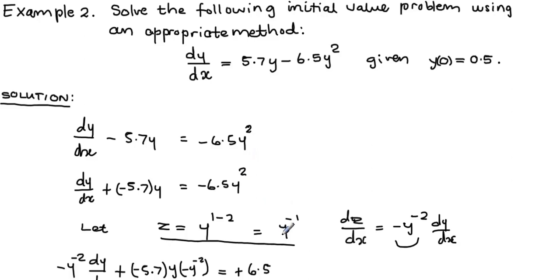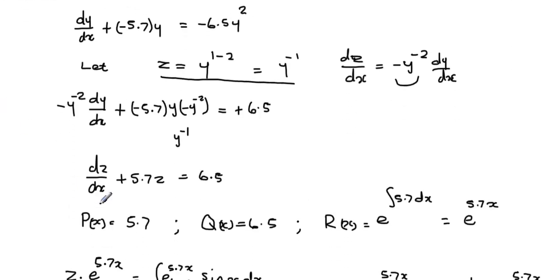Then you find the derivative of z with respect to x. Then you transform that equation to linear, like we saw in this stage. And once it's linear, you follow the usual procedure of solving the first order linear equation.